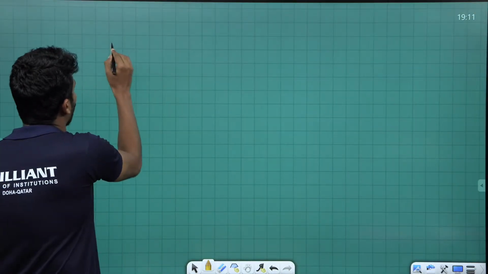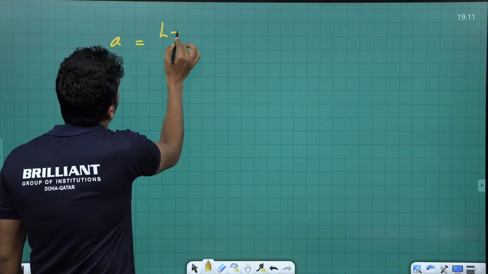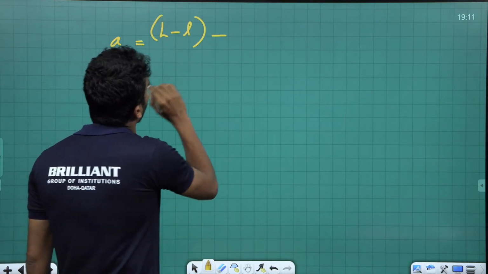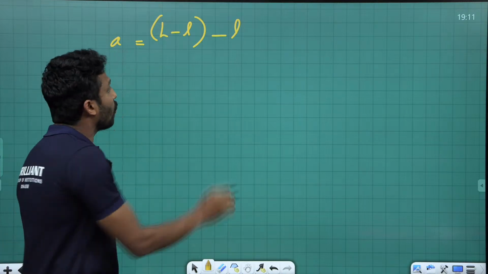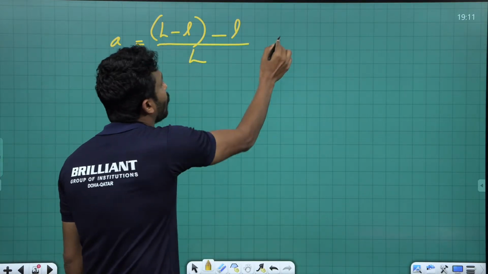See, the acceleration: one mass we can write as L minus l, minus the other mass, which is l itself, divided by the sum of masses, which is capital L, into g.